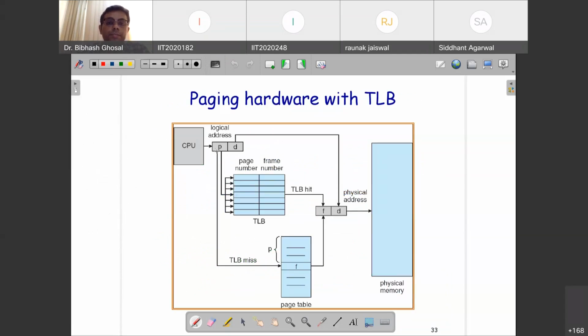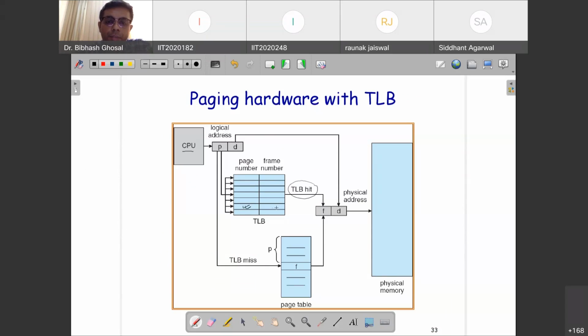Look at this. The CPU has generated a logical address. The page number has been read, and the page number is searched in this entire TLB. If any one of them is a hit, this is called a TLB hit, meaning the page number you are looking for is indeed in the TLB.